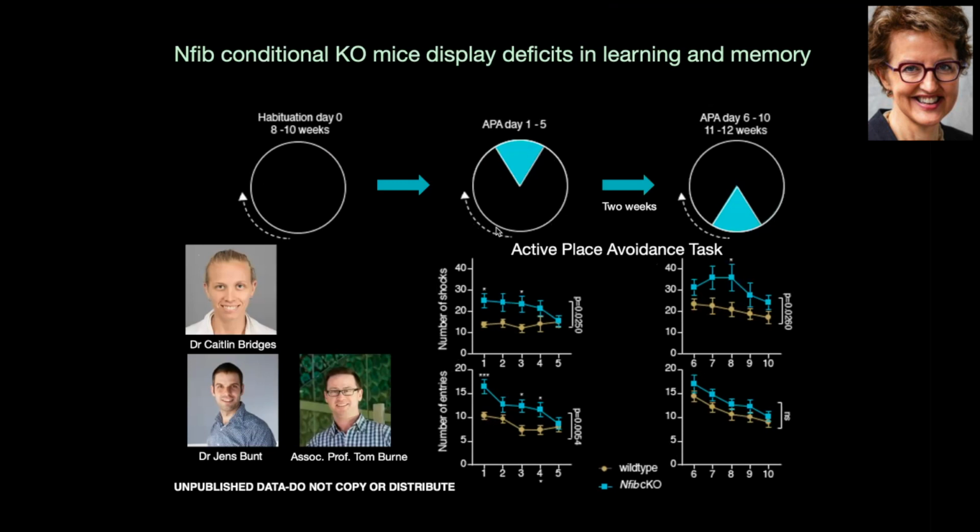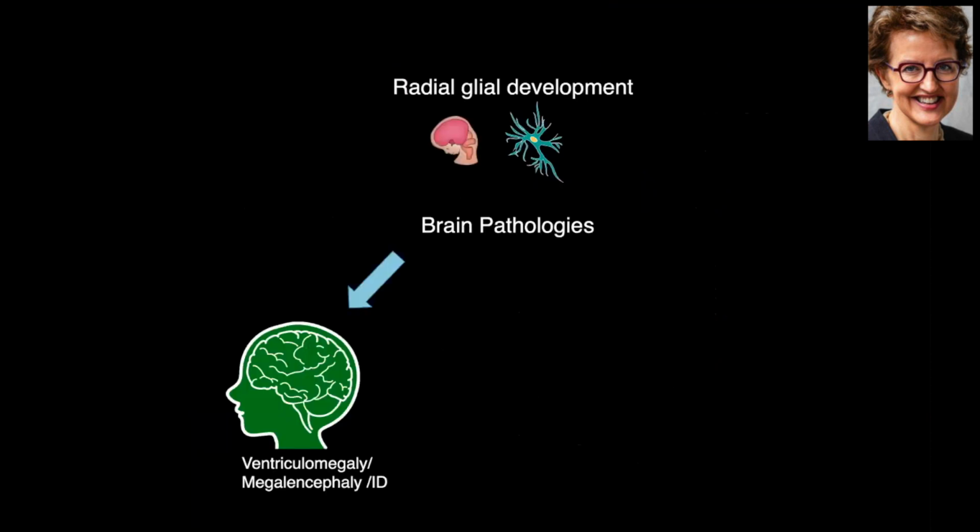And they're weaker at doing this than the wild type mice. So they take much longer to move off the area. So we think that this explains perhaps the ventriculomegaly and the megalencephaly phenotype within this condition.